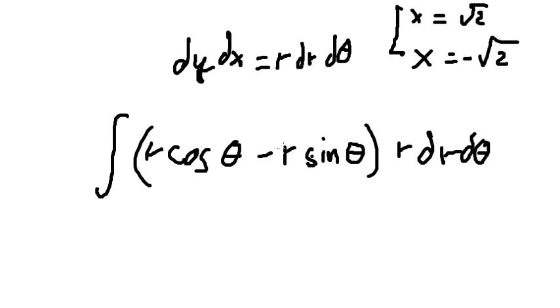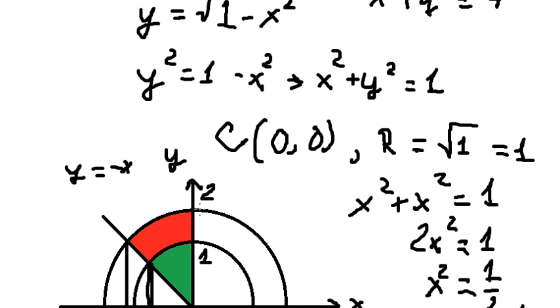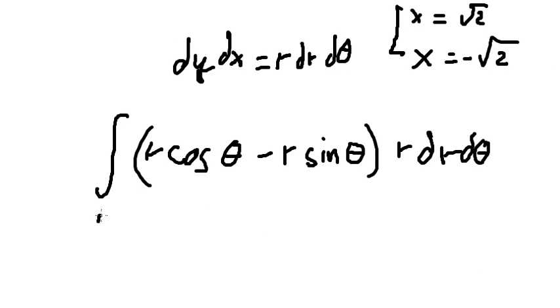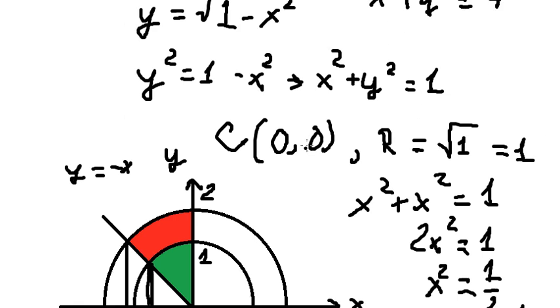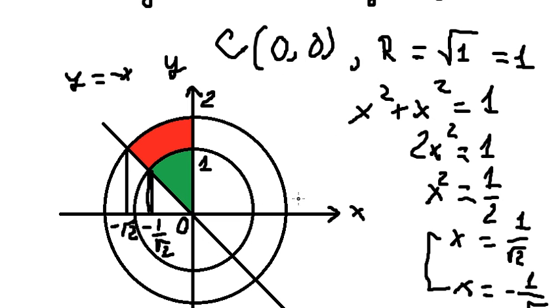For dr, that is between 1 and 2, because that's between two circles. For d theta, we can see that they start at 0 and go to pi over 2.